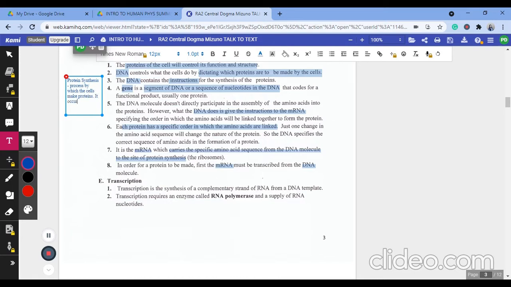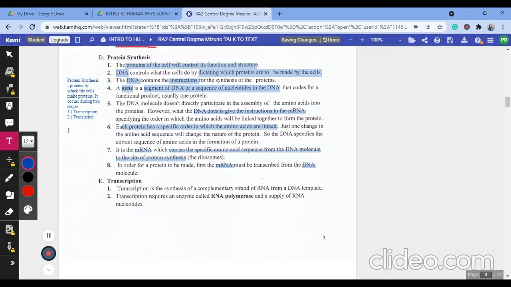It occurs during two stages which were mentioned in this text: the transcription and then the translation.